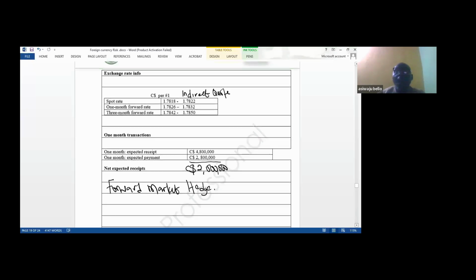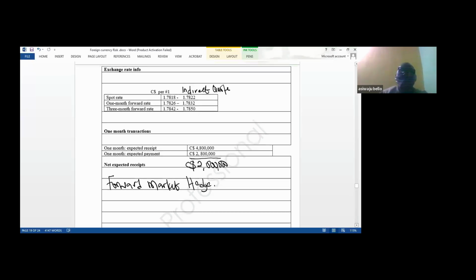Bank will buy dollar. That means KP is the seller. Bank is the buyer.